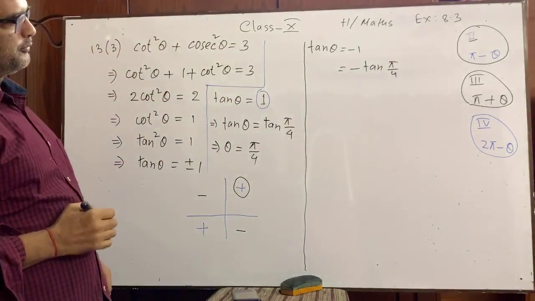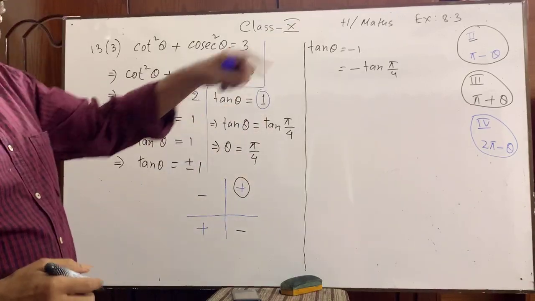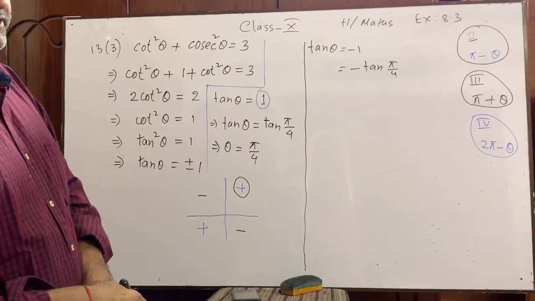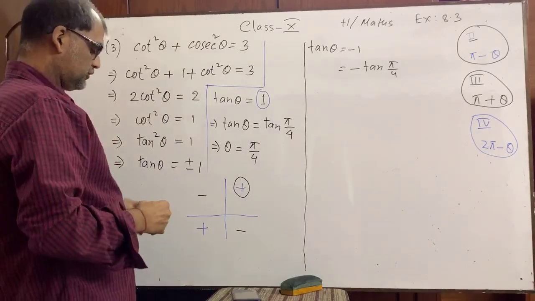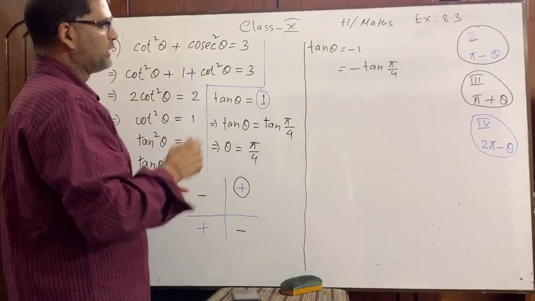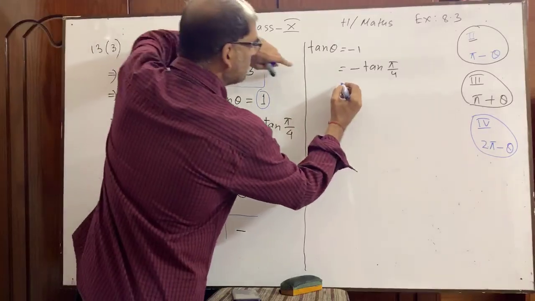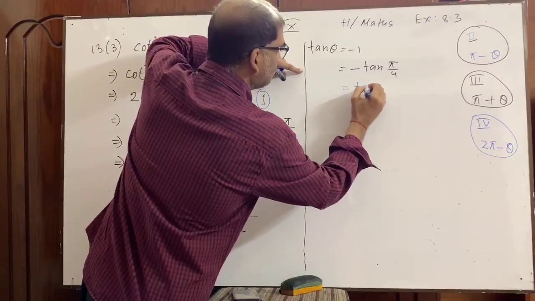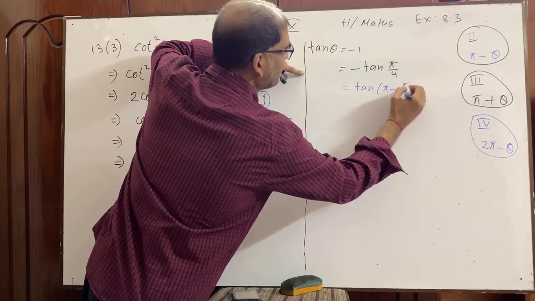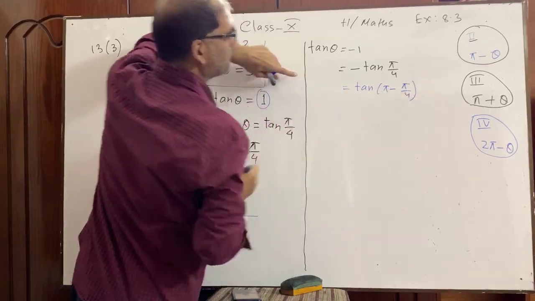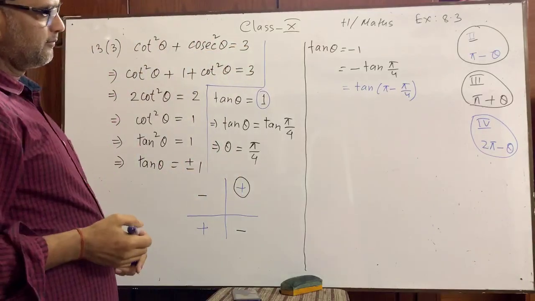What I told you, that in the second quadrant, the formula is pi minus theta. I repeat, pi minus theta. So this is the most important part. Here, equal tan of pi minus theta. Theta what? Pi by 4. Okay.